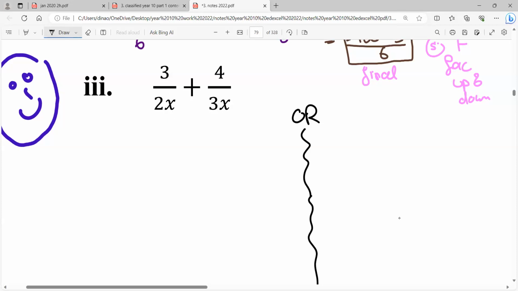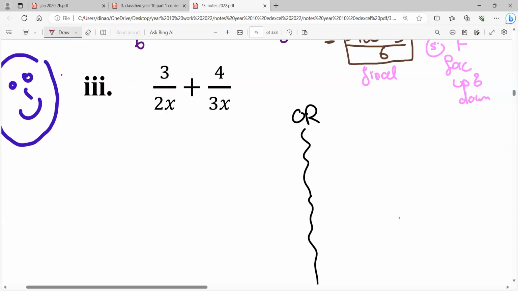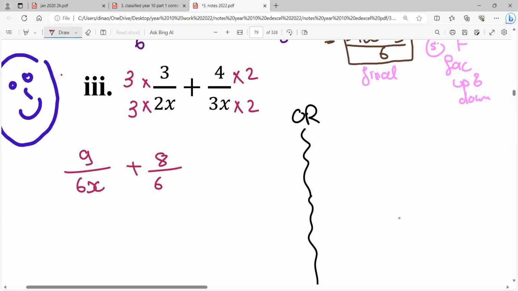In this case I don't need to put brackets because I don't have expressions. I will just multiply immediately here by 3 up and down, and here I will multiply by 2 up and down, reaching 9 over 6x plus 8 over 6x. And please, everyone, I emphasize that when we add or subtract we don't change the denominator, we combine up only.